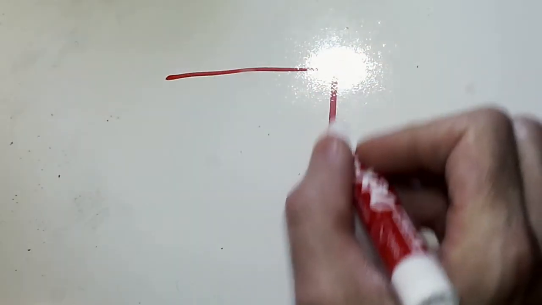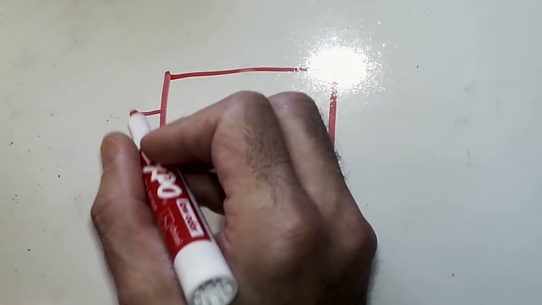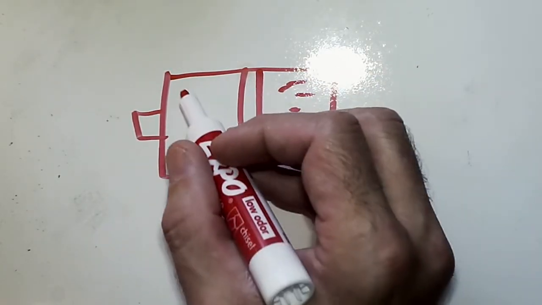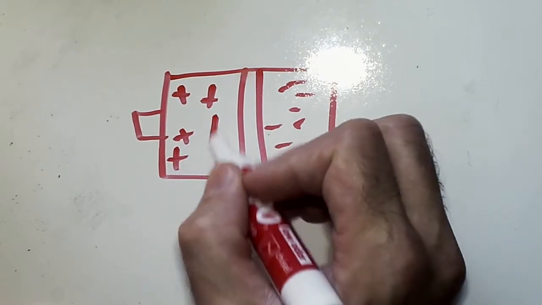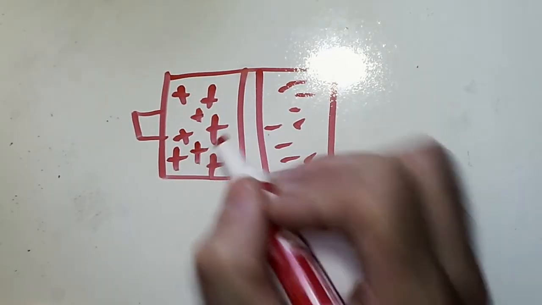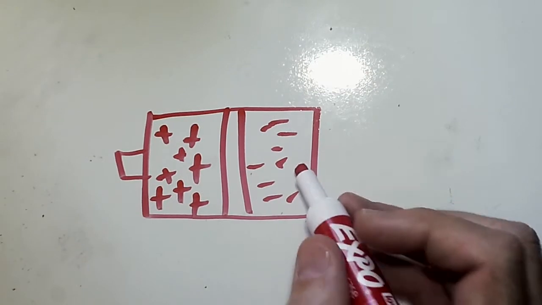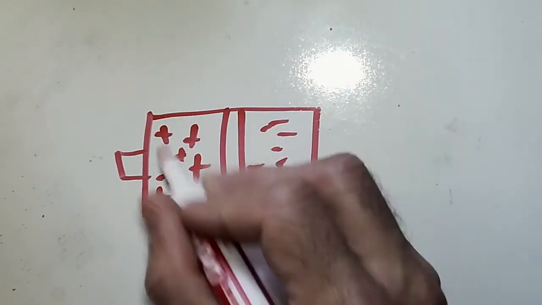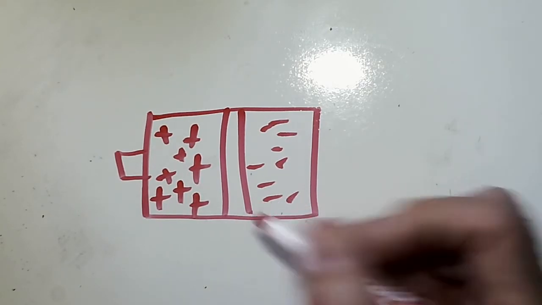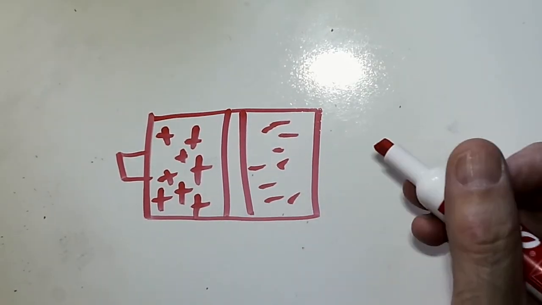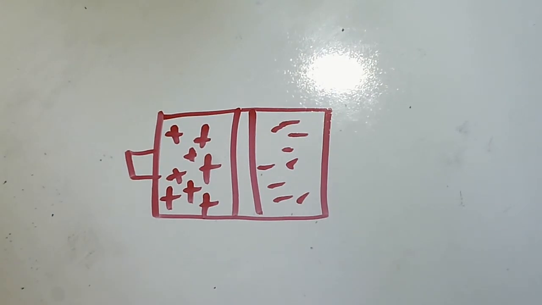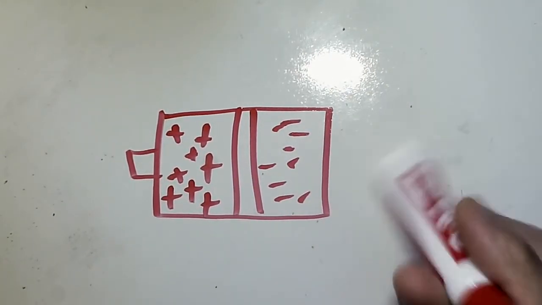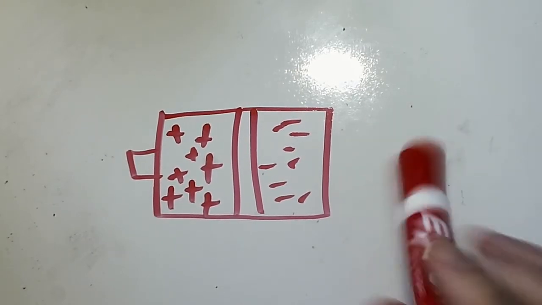When you have your battery, your border, your negative anode and your positive cathode, once all the chemical reaction is done, once you have the same number of negatives on one side as the other, the battery's dead. And then you have to replace it with a fresh battery with more potential energy in it. So that's how it works.